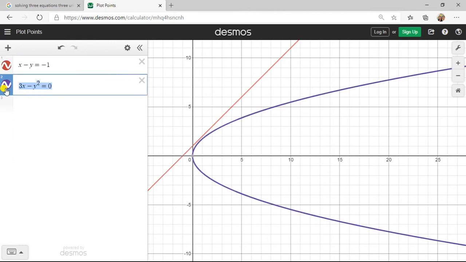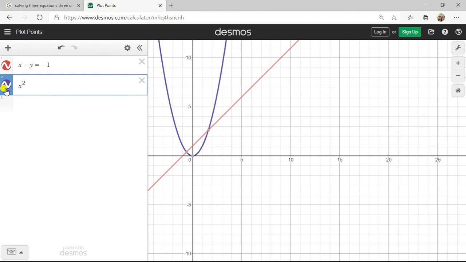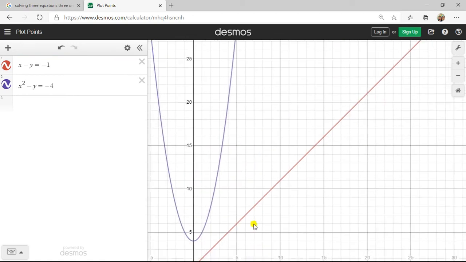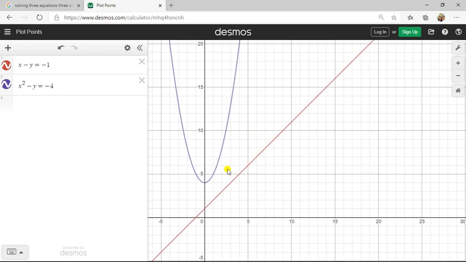Second, we have x squared, again a parabola, minus y is equal to negative 4. As you notice, the parabola is in the upper part while the line is in the lower part, so it does not touch the parabola. So what does that say about their intersection, and why is it that we arrive at an equation for our function?